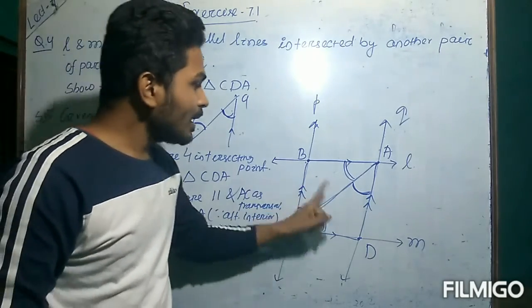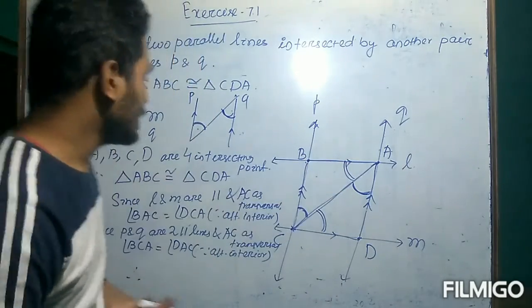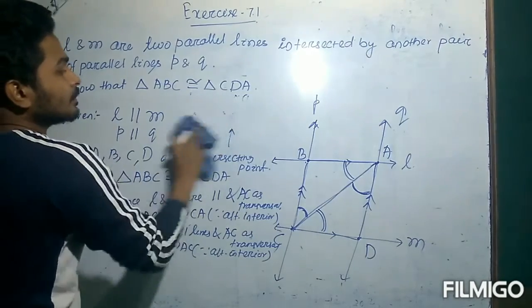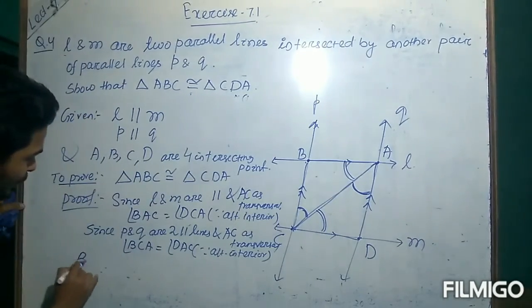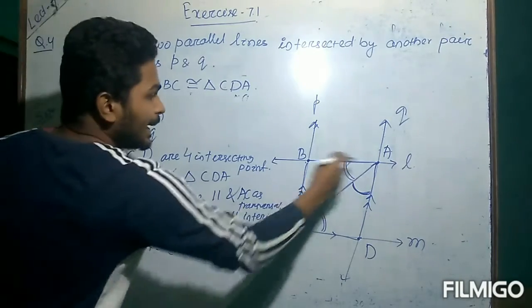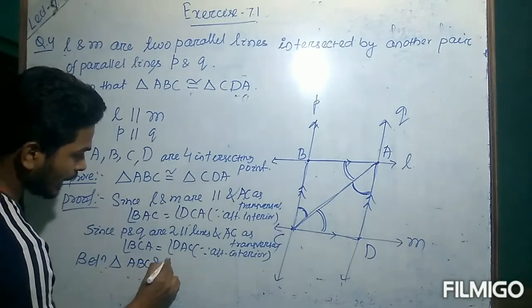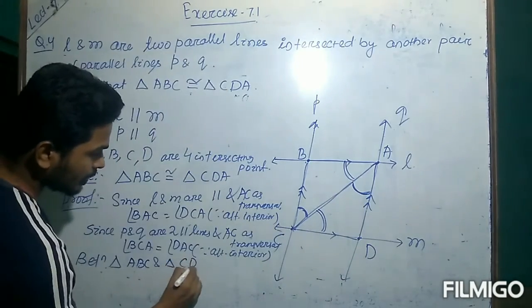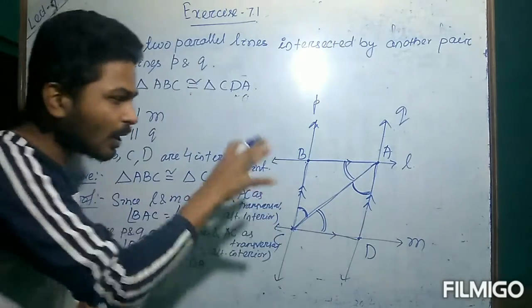Now we will compare these two triangles and prove whether they are congruent or not. Between triangle ABC and triangle CDA, not ADC, you have to write in proper order.